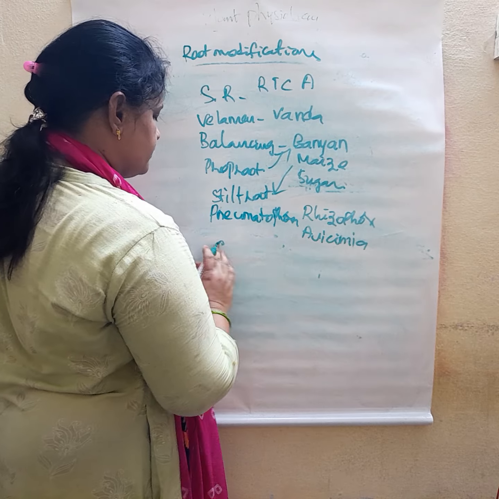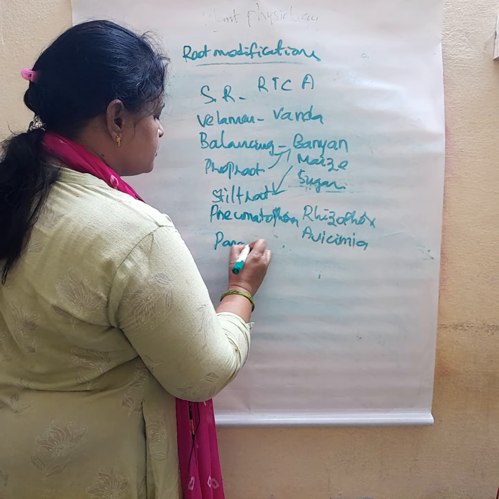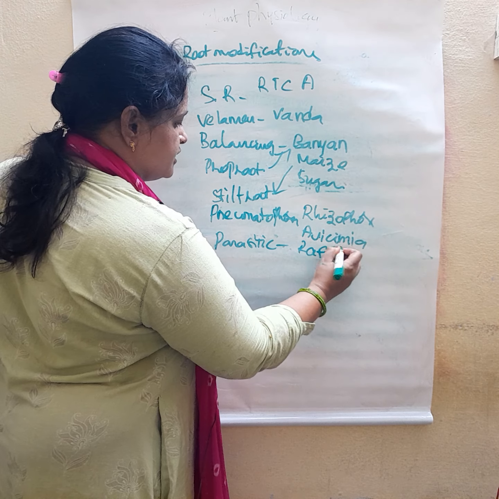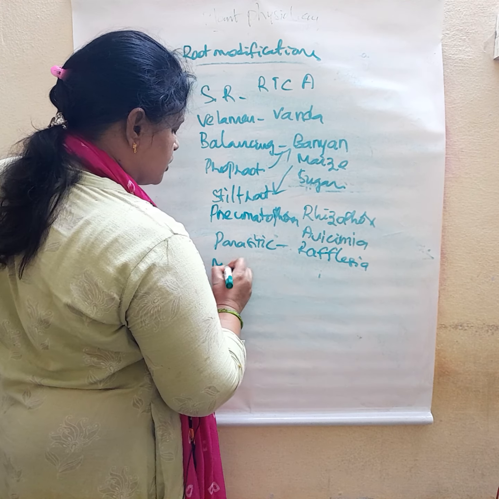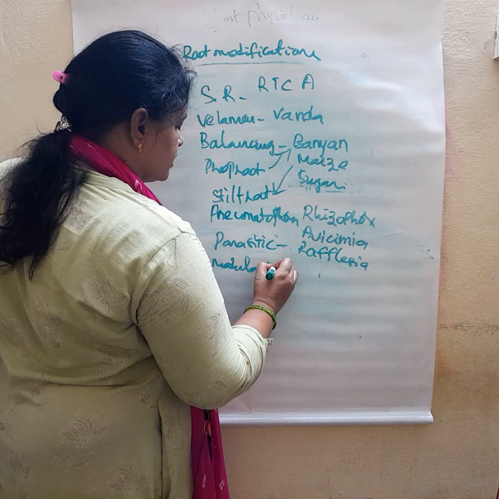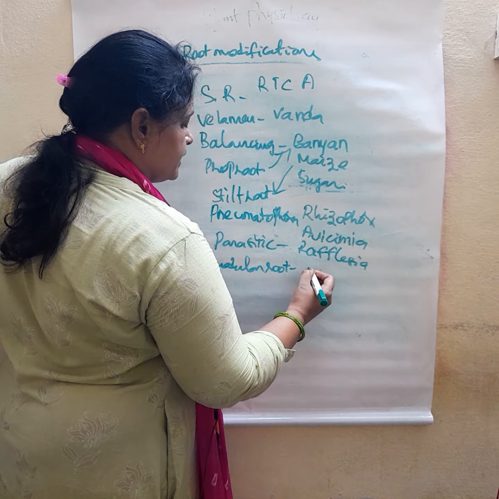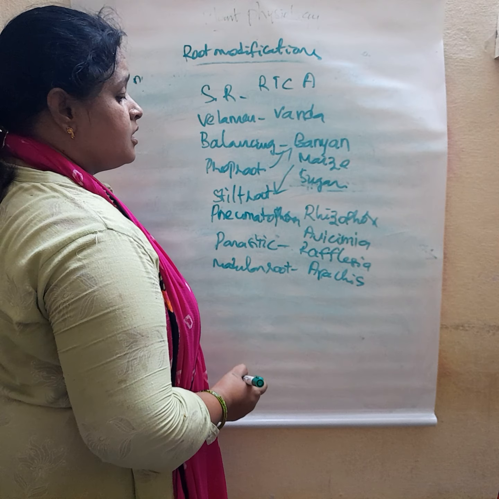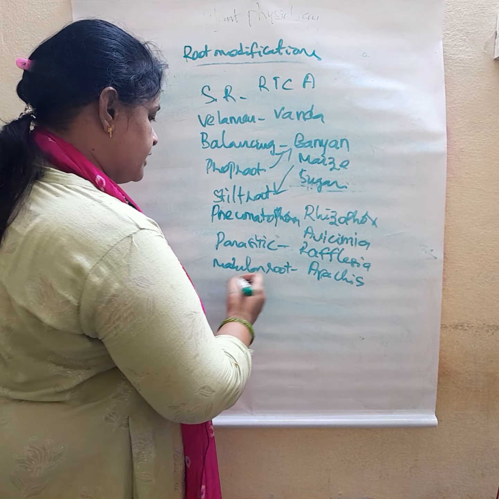Example, Rhizophora and Avicennia. Parasitic roots have so many examples, we can take Rafflesia. Next, nodular root. Example, Arachis hypogea is the botanical name for groundnut. All legume plants come under nodular roots.